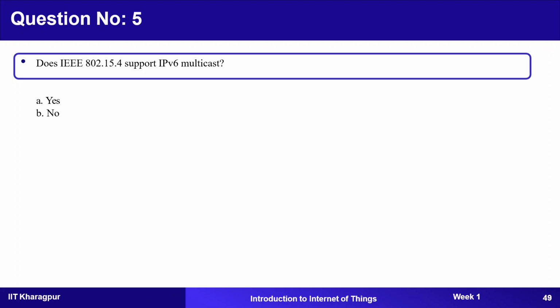Next question is, in MQTT, a blank subscribes to a topic. Options are client, broker, publisher, all of the above. Anyone?